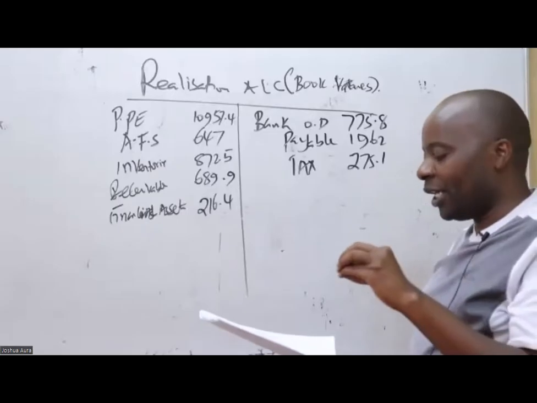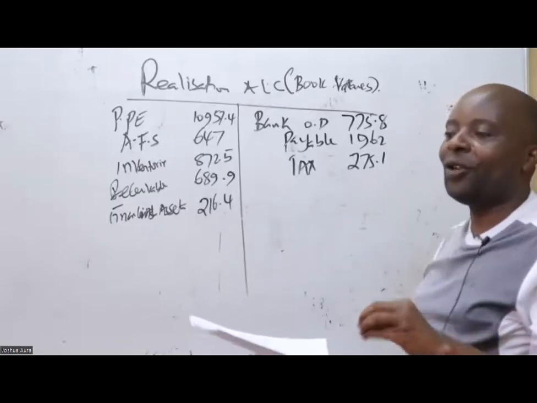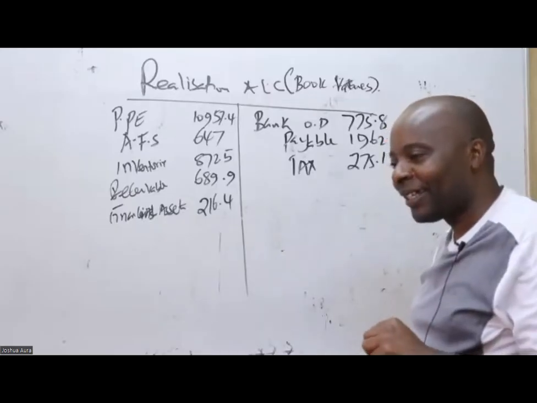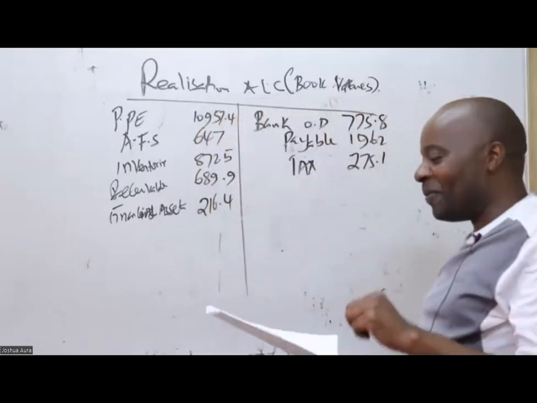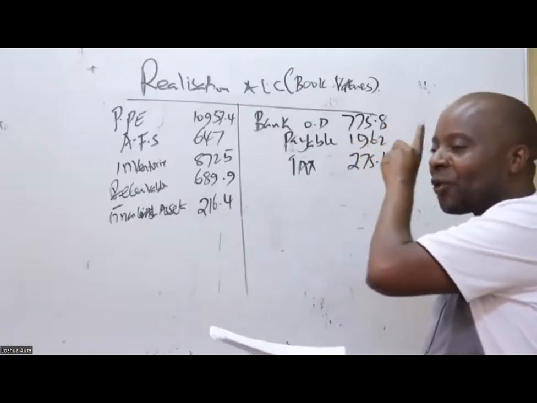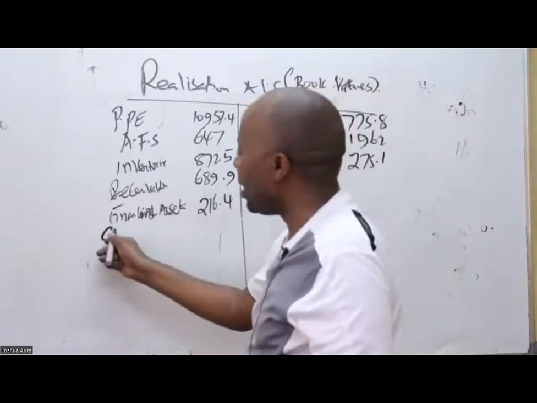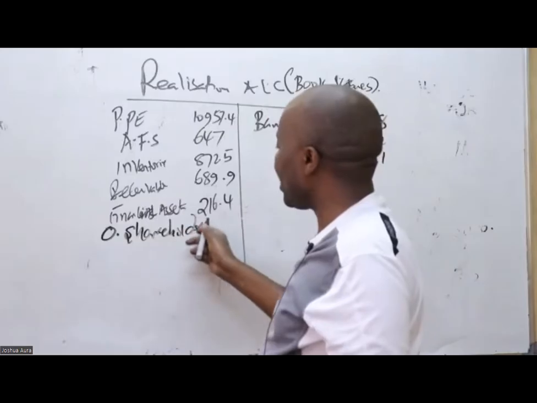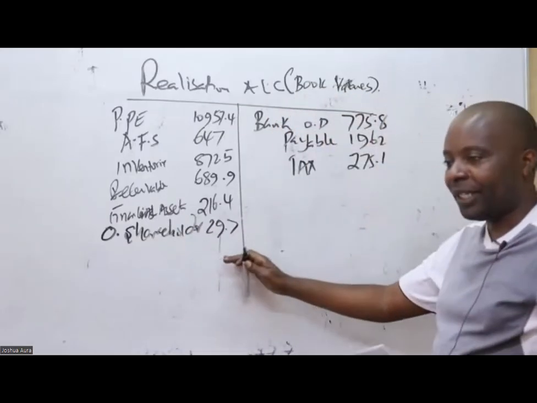We had ordinary shareholders, 29.7. Remember there it was credit; here I shall debit. Ordinary shareholders, debited here.